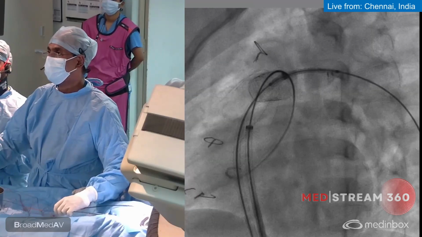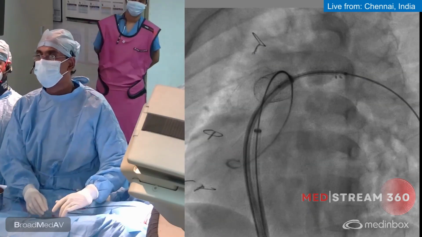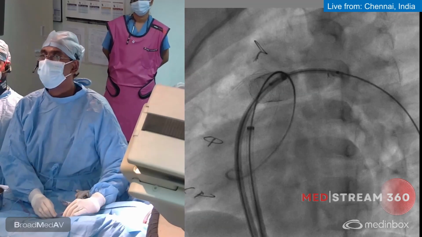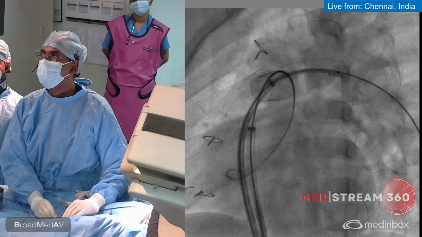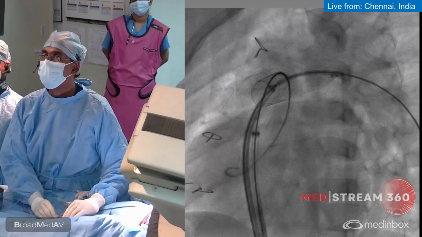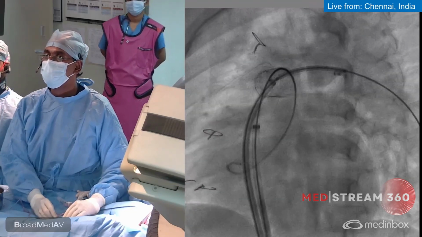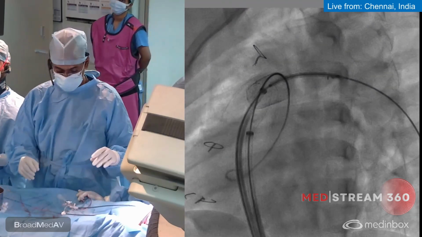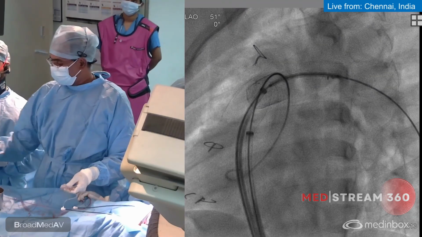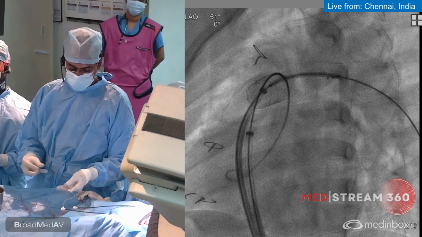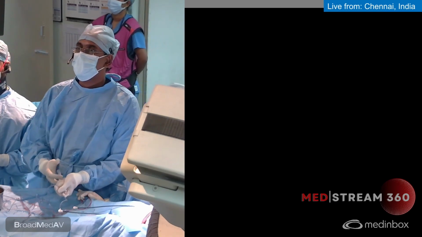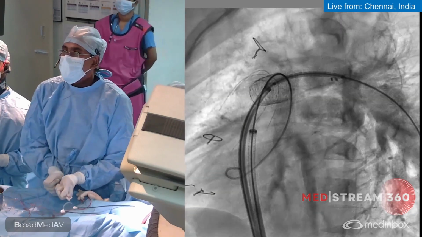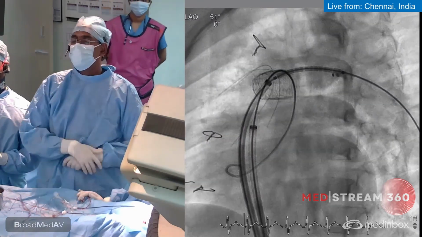We are beginning to have higher pressure recording. So proximally, I will expose the last strut. I have now exposed the last strut. I think we are ready to go.